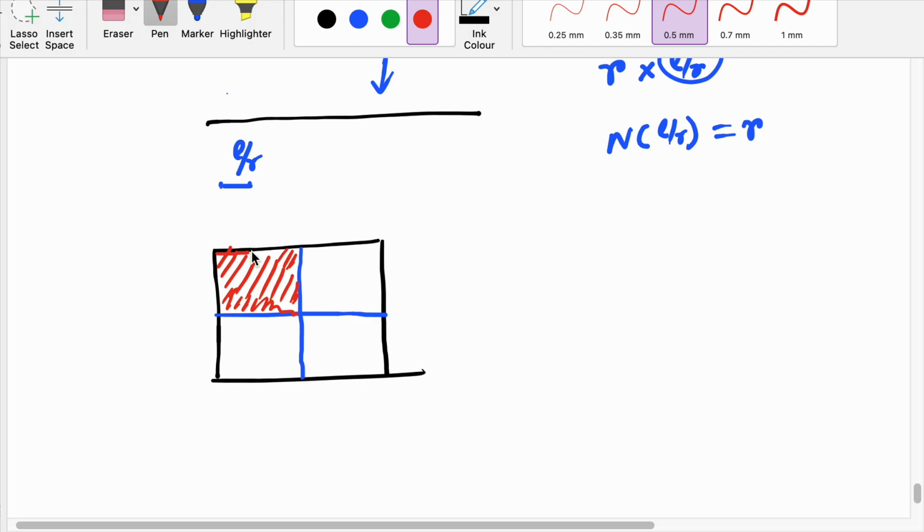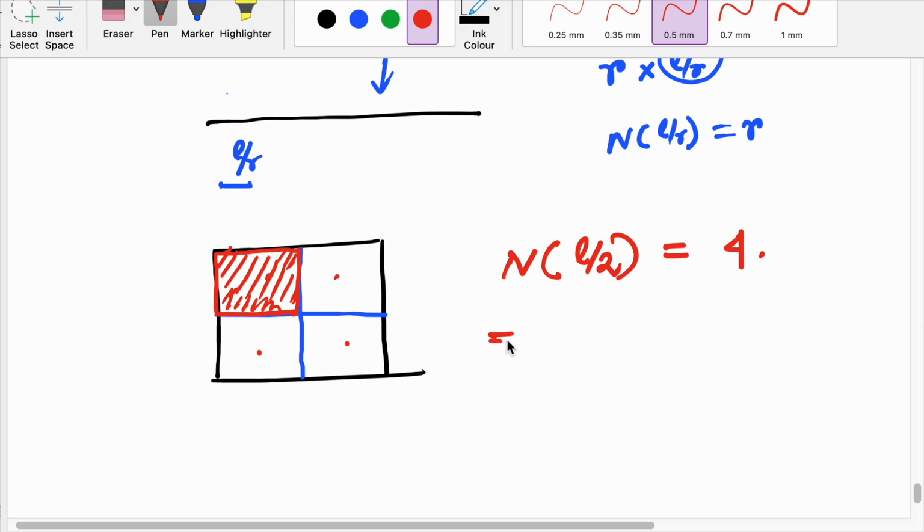So this is the square we will get when we reduce the size of the square in every direction by 2. Now how many of these red pieces are required to fill the whole square? So 1 2 3 4. So 4 are required. If I reduce by 2, I require 4.